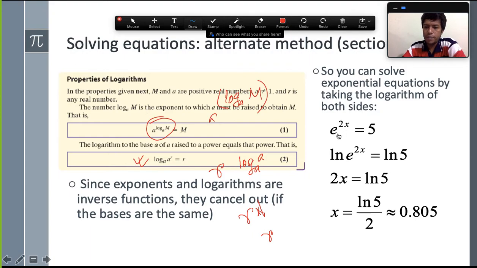So once we have e to the power twice x ln, we take this one. Actually, you have seen solving it.